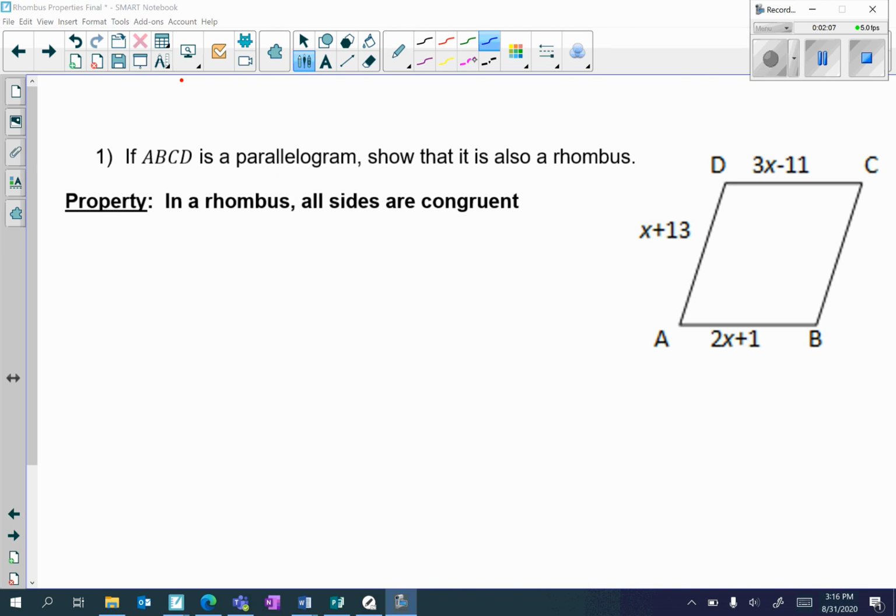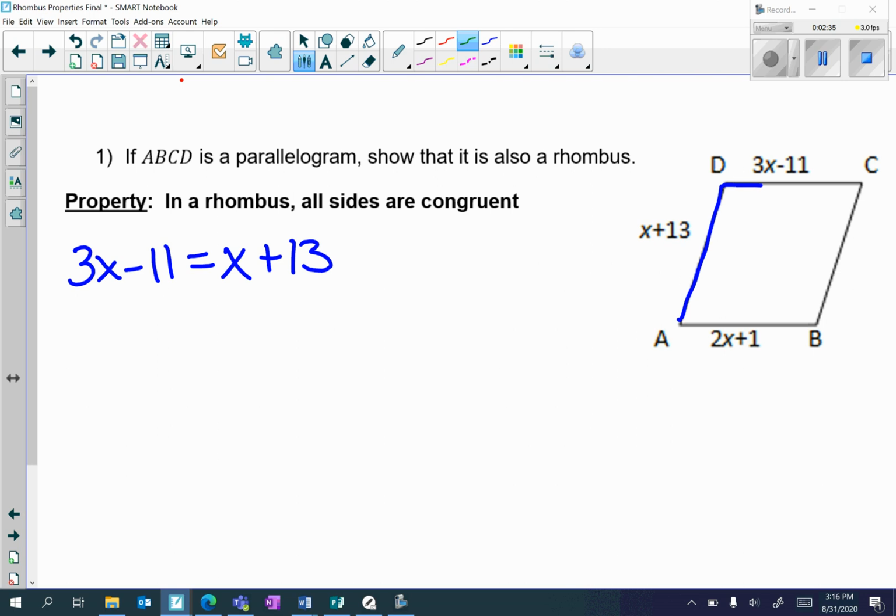Let's look at an example problem. So number 1, if ABCD is a parallelogram, show that it is also a rhombus. And the property we'll be using is, in a rhombus, all sides are congruent. So I can take any side length and equal it to the other side since all the sides are congruent. So for example, we'll take 3x minus 11 and equal that to x plus 13.